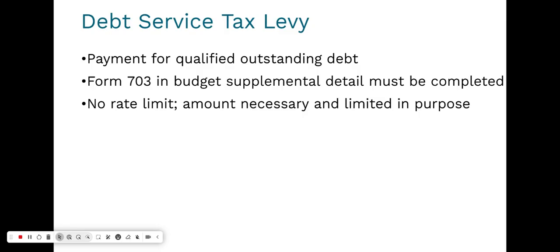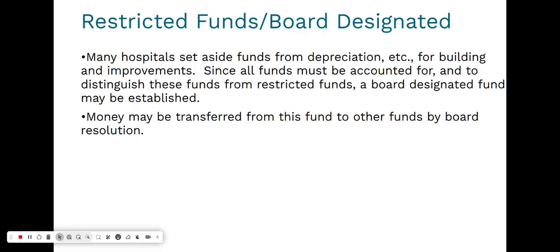There is a Form 703 in your budget papers that would need to be completed. There is no rate limit if you're levying for debt service. It is the amount necessary to pay for that year's principal and interest payment on debt. So it is limited for that purpose. I do know there's not been any hospital levy for debt service in recent memory. I think it's typically for when hospitals are initially set up.